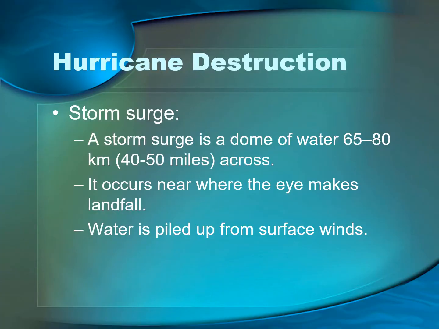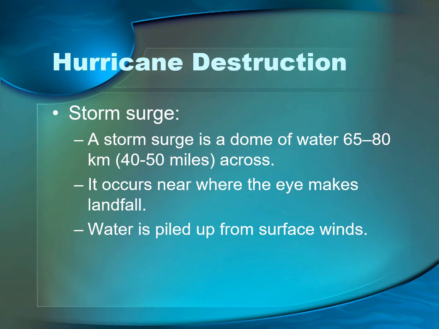Speaking of storm surge, so again, it's a big dome of ocean water, and it can be pretty large, like 40 or 50 miles across. And basically, it's ocean water that gets pushed up onto land. So your storm surge is occurring as your storm is making landfall.